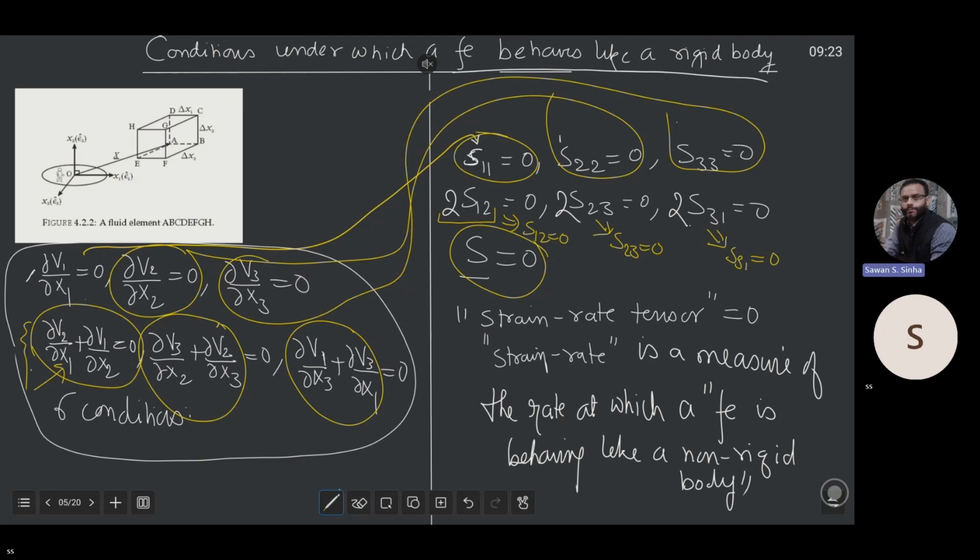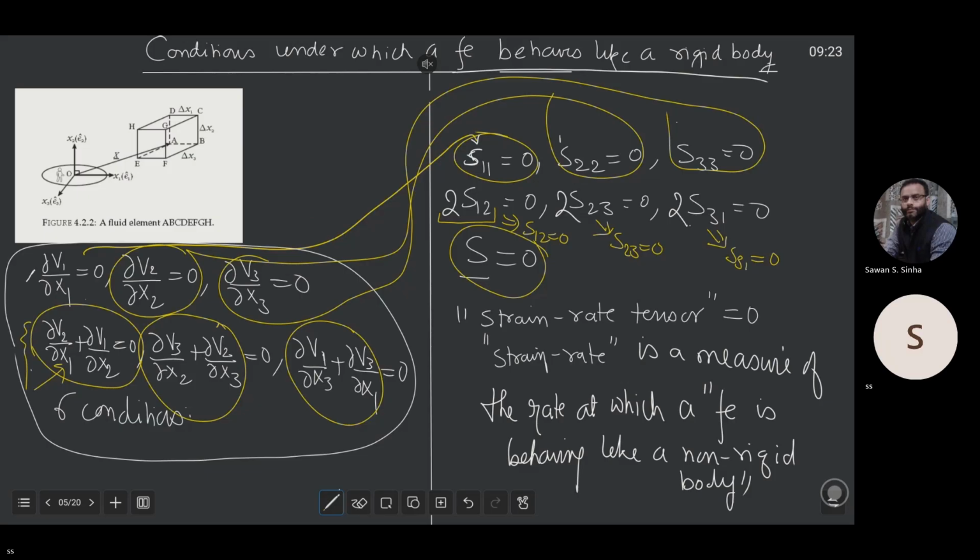On problem set 3, yeah. No, strain rate is a measure of the rate at which a fluid element is behaving like a non-rigid body. 0 यहाँ हो गया. Thus strain rate is a measure of departure from the rigid behavior.